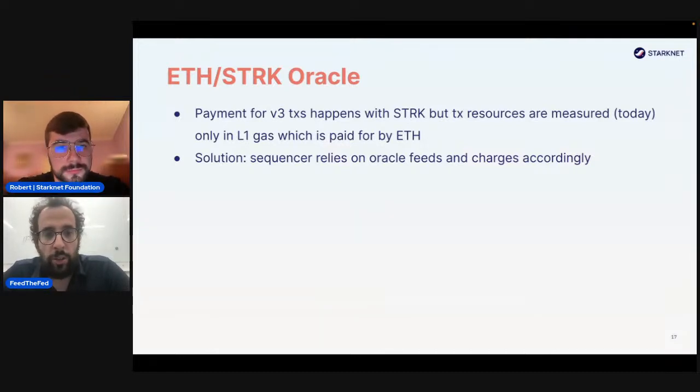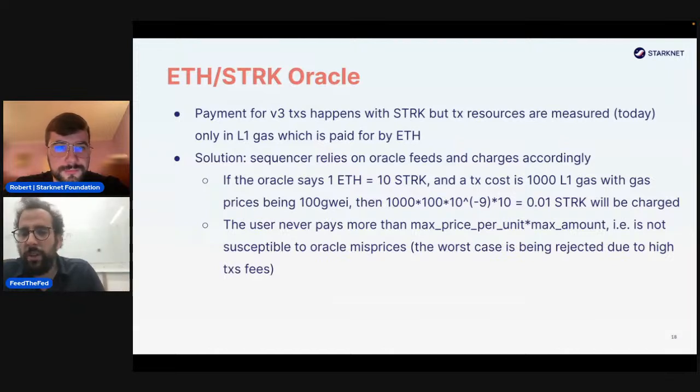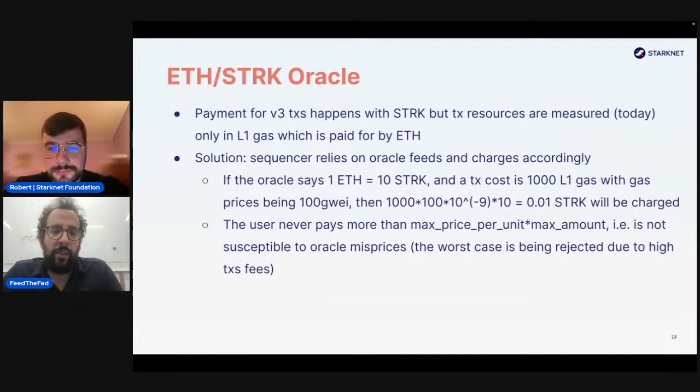Okay, so it's important to note that only the sequencer takes a risk here, because from the user point of view, he's signing on some max fee per unit, and he doesn't care about the volatility of the oracle and that sort of stuff.